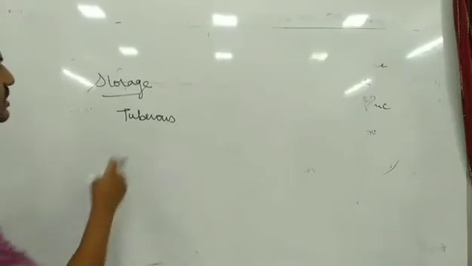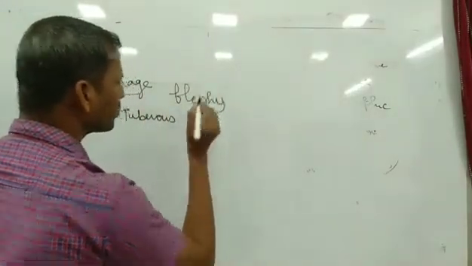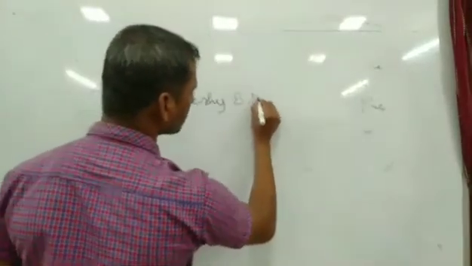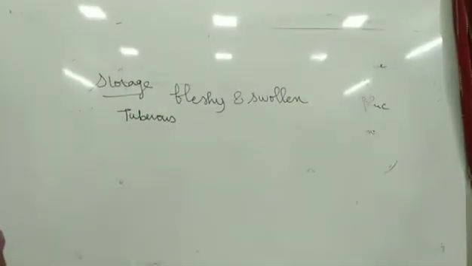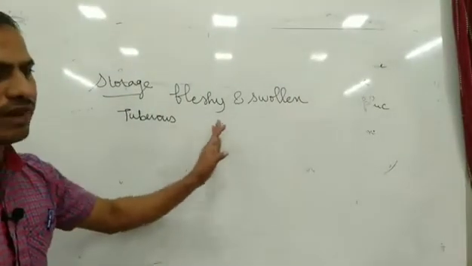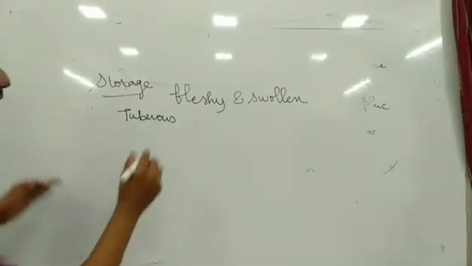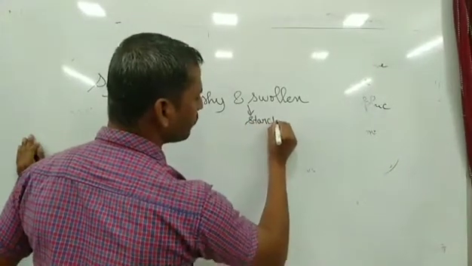Mostly these storage roots are fleshy and swollen. Why are they fleshy and swollen? For the storage of food material. What kind of food material do they store? They store starch.